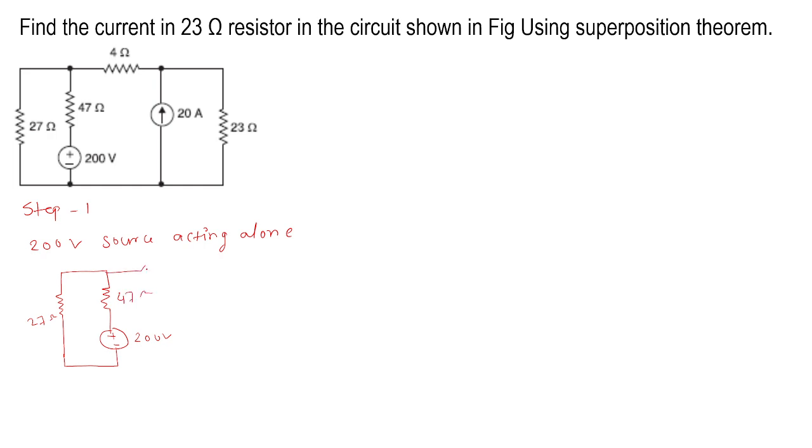Again this is 4 ohm. This current source is replaced by open circuit. Again this is a 23 ohm resistor. Okay, so we are always interested to find the current I flowing in this 23 ohm.